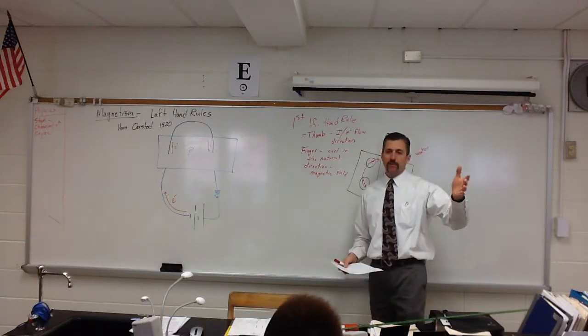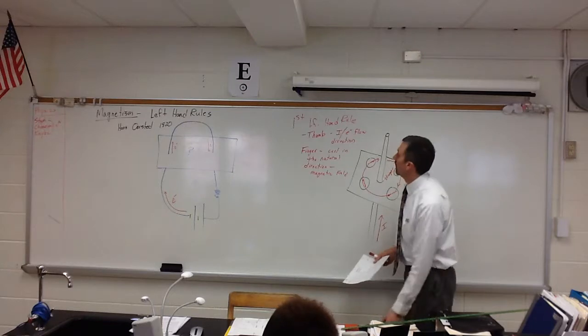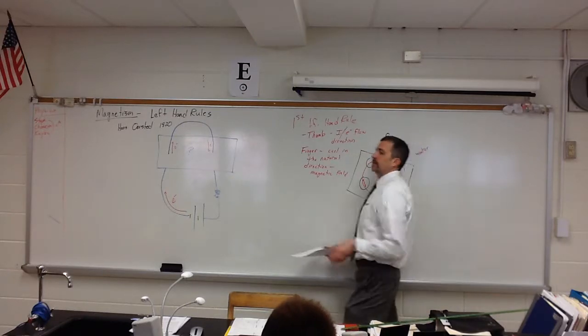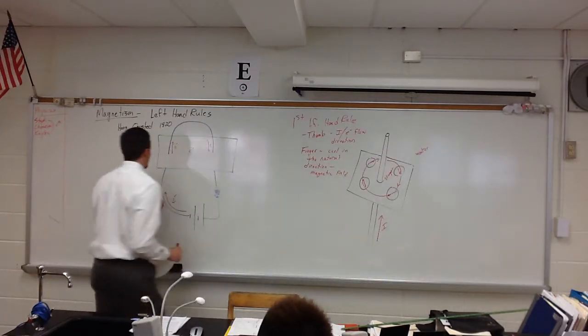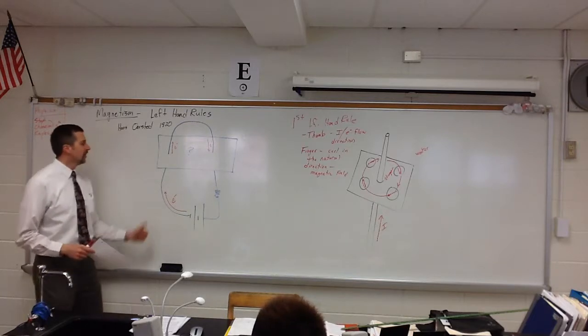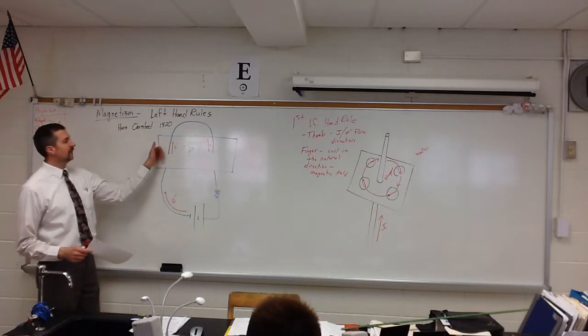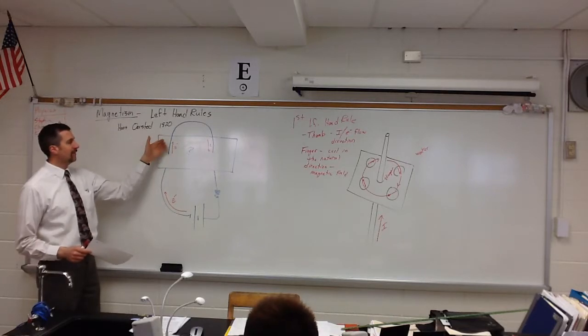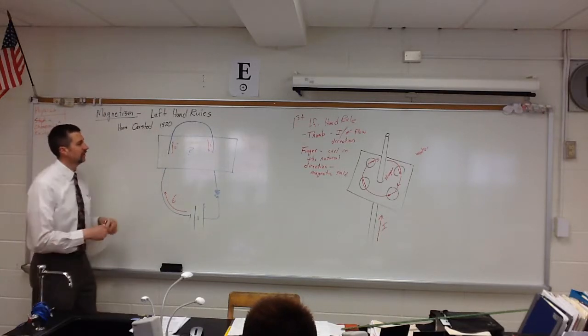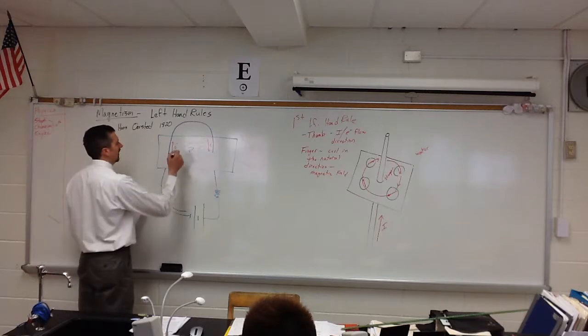Now we got to fire up our left hand. Everyone fire up their left hand. We put our thumb in the direction of the electron flow. I'm going to do it from this side this time. So at this point, the electrons are going up through the cardboard like this. I allow my fingers to wrap in the natural direction. So it's just like the picture we did a second ago.